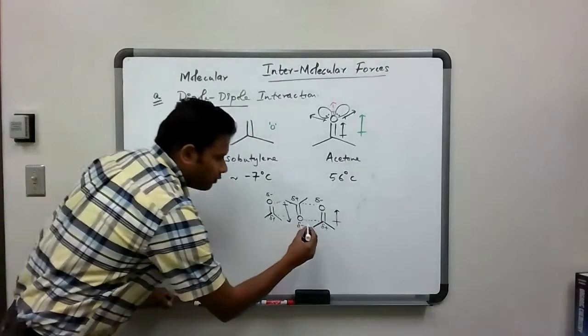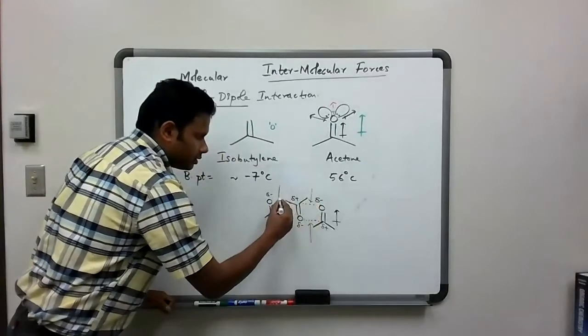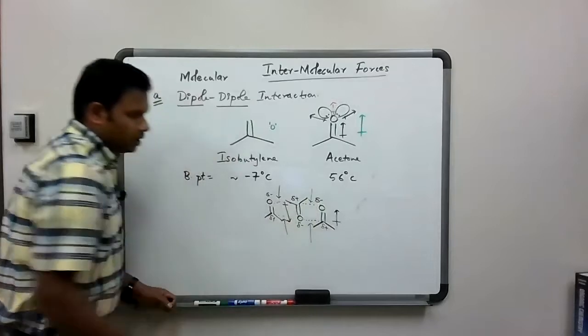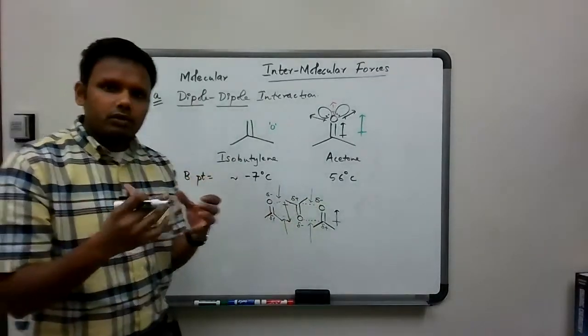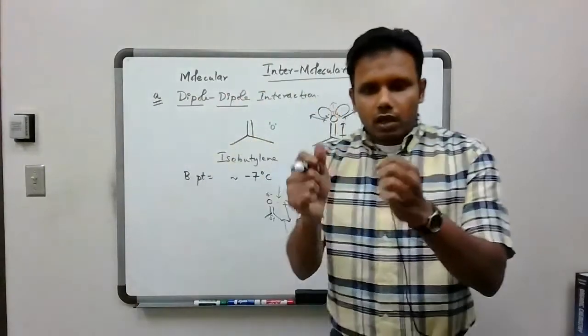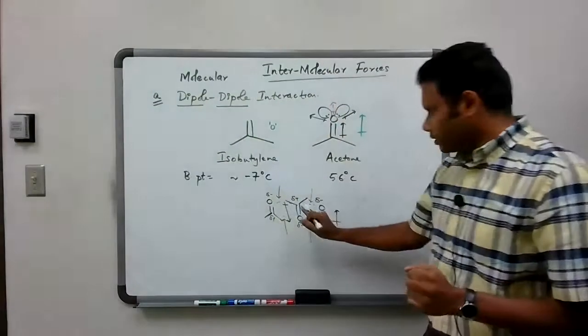So this force of attraction, whatever I'm representing by these dashed lines, that force is going to hold the molecules together. The two molecules are going to feel a force of attraction between them because of that force.